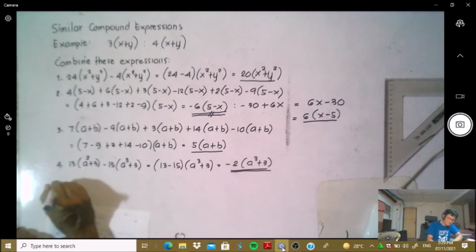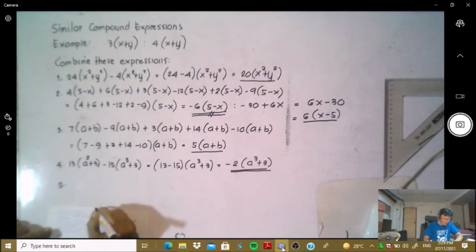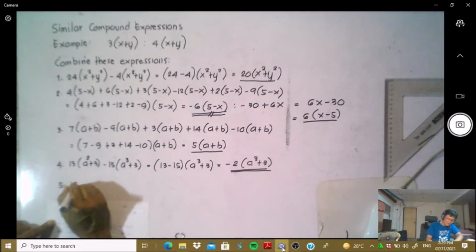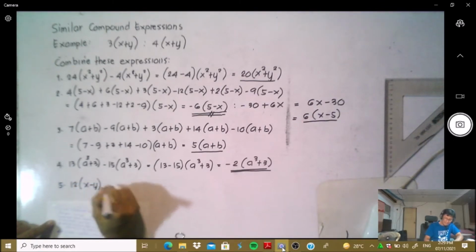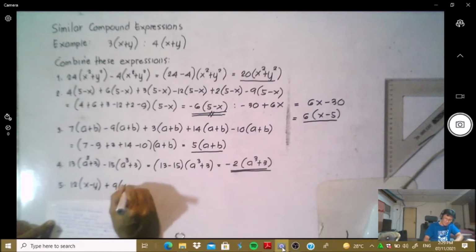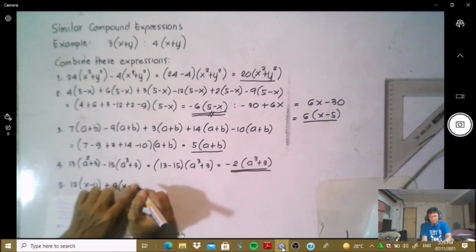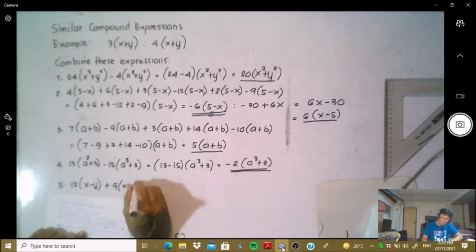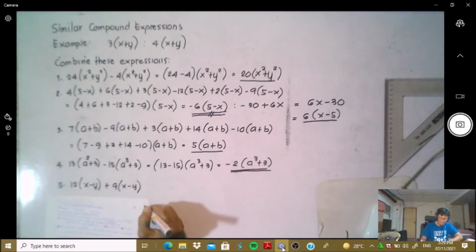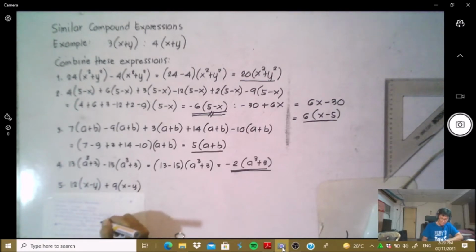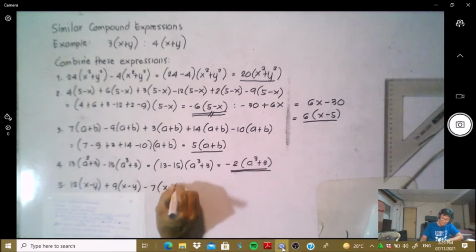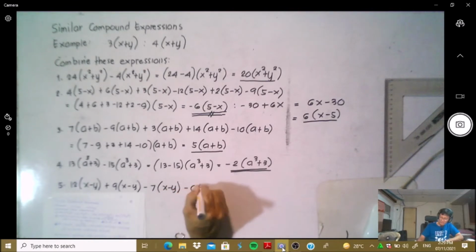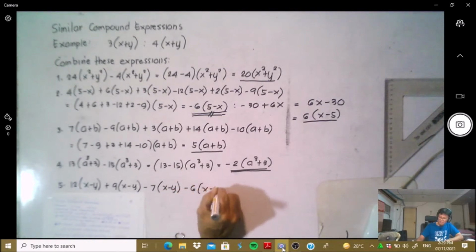And for our last problem in this exercise, we have 12 multiplied by x minus y, plus 9 multiplied by x minus y, minus 7 times x minus y, then minus 6 times x minus y.